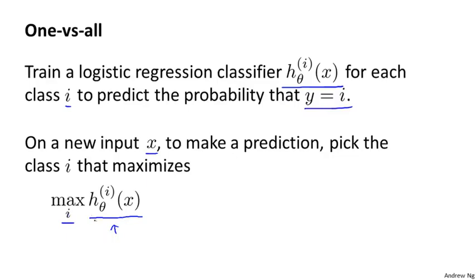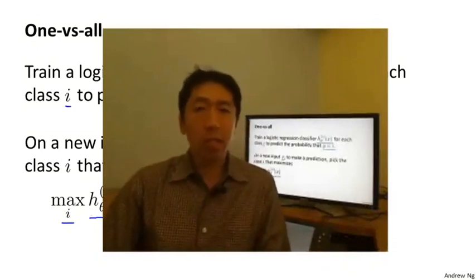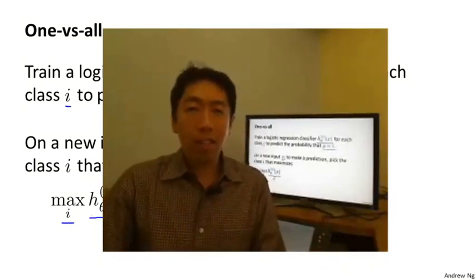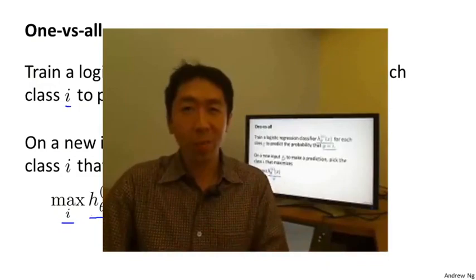So whichever value of i gives us the highest probability, we then predict y to be that value. So that's it for multi-class classification and the one versus all method. And with this little method, you can now take the logistic regression classifier and make it work on multi-class classification problems as well.